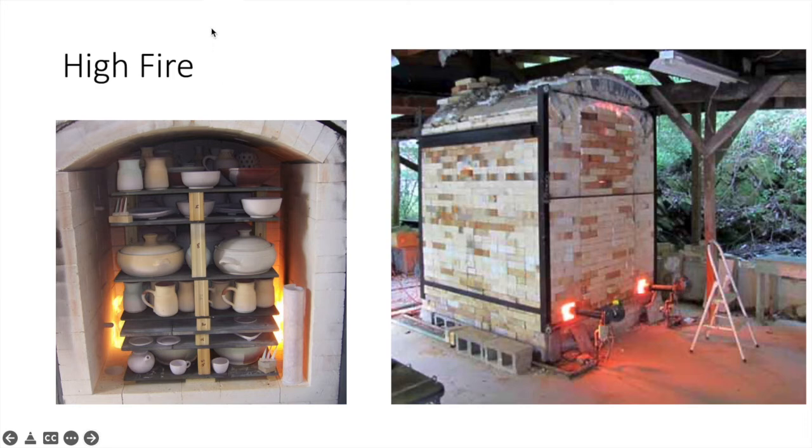So high fire usually is going to happen in a gas kiln, but you could do it in electric. But what the gas does generally is heat up the kiln more efficiently than electricity will. And you have that element of gas. And what you can do with gas is you can affect the atmosphere. Most often, you're going to want to create a reduction firing, meaning you reduce the amount of oxygen in the kiln.